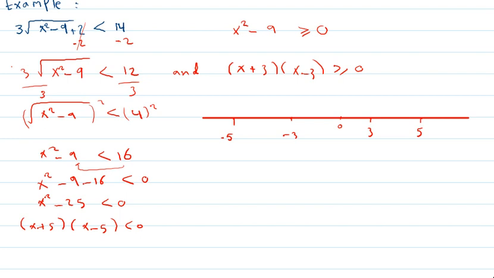And so in this inequality, the solution can't be greater than 5 or less than minus 5. It will be minus 5 to minus 3 union 3 and 5.